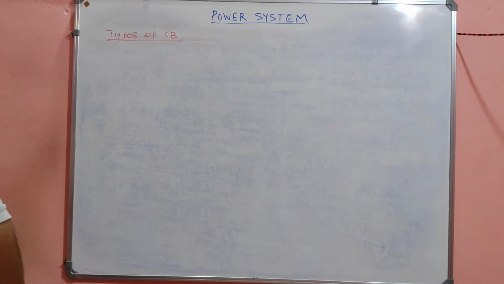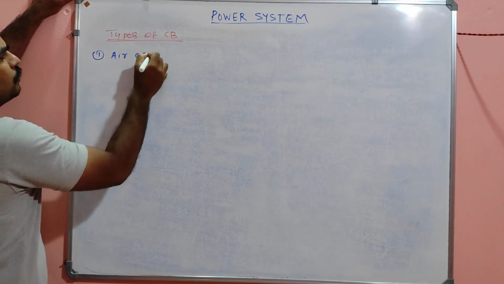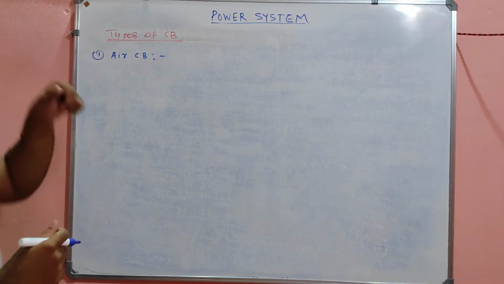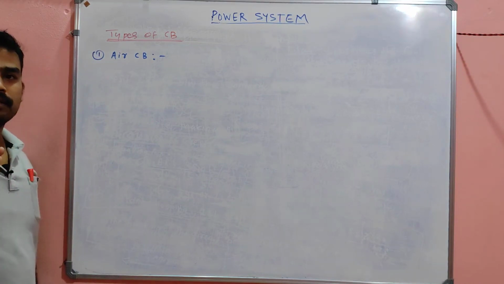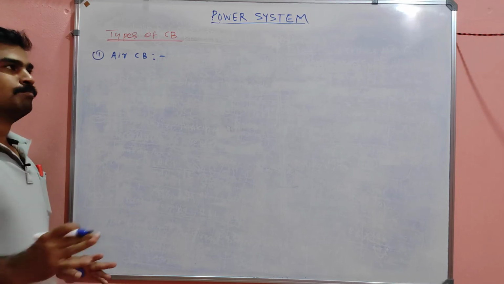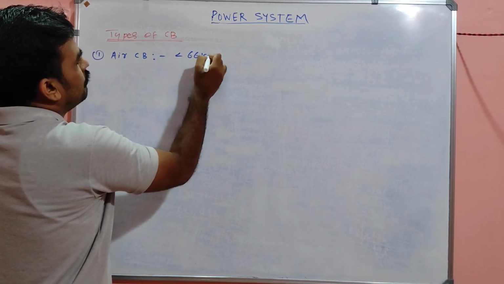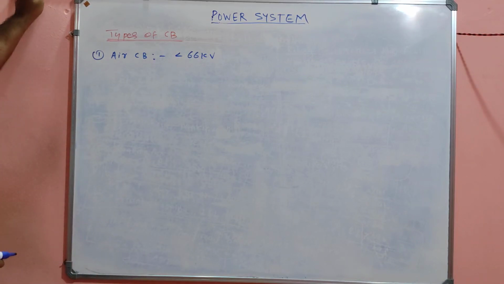First one, air circuit breaker. You only have to remember the voltage rating at which we are using the circuit breaker. It will be less than 66 kV, you can go for the air circuit breaker.